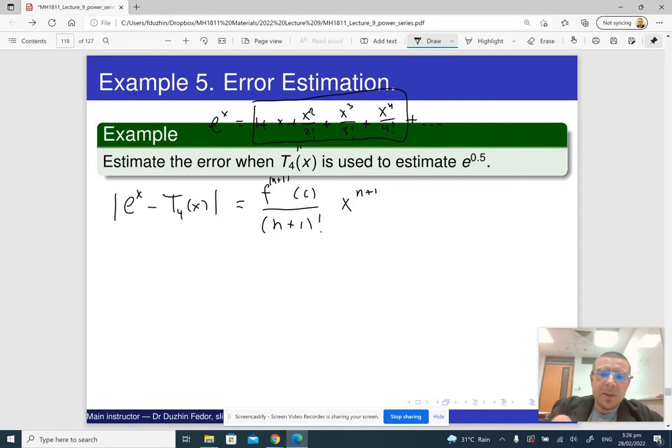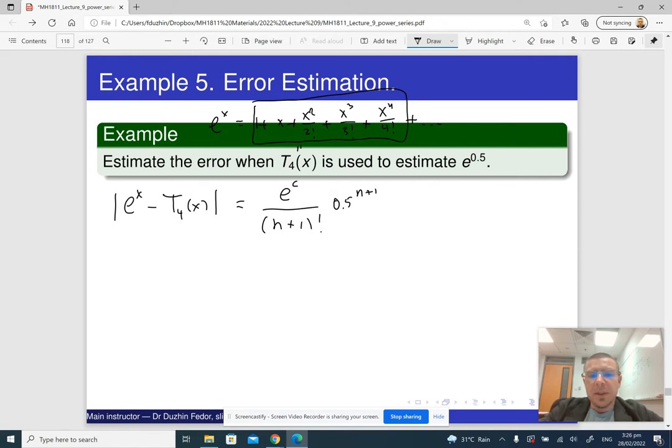In our case x is 0.5. Further, all consecutive derivatives of the exponential function are just e to the x itself. So it's going to be e to the c, times 0.5 to the n plus 1.